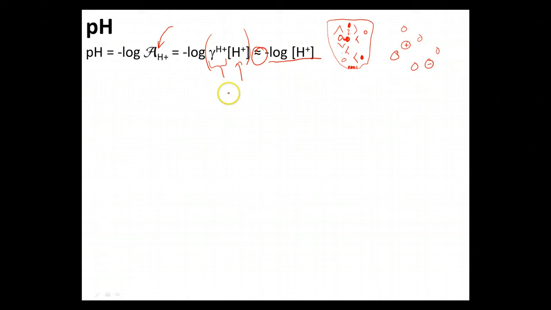Now, if it's a very dilute solution, then our activity coefficient should be roughly equal to 1. And that's one of the reasons that you'll often see that we try to work in fairly dilute solutions in analytical chemistry. Or at least, we tell ourselves, wow, the research I'm doing right now is very difficult because I'm working with tiny, tiny concentrations of things. Oh well, on the upside, at least I don't have to worry about activity coefficients.